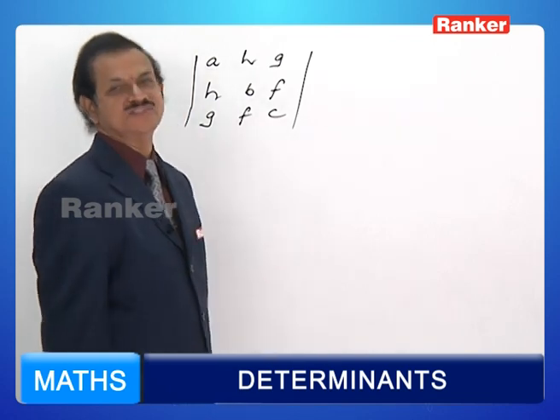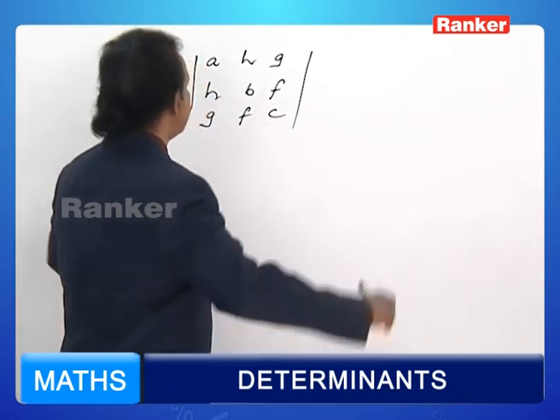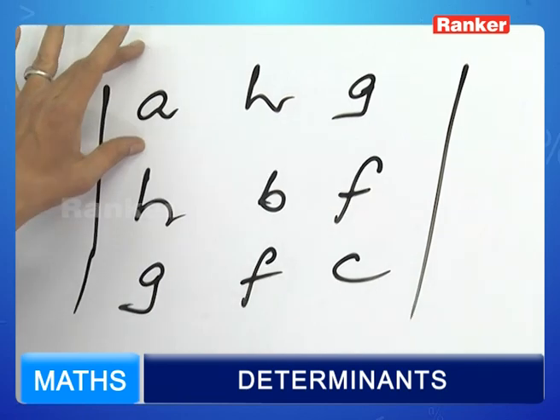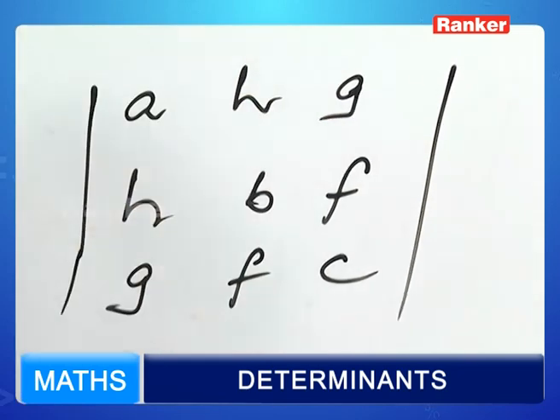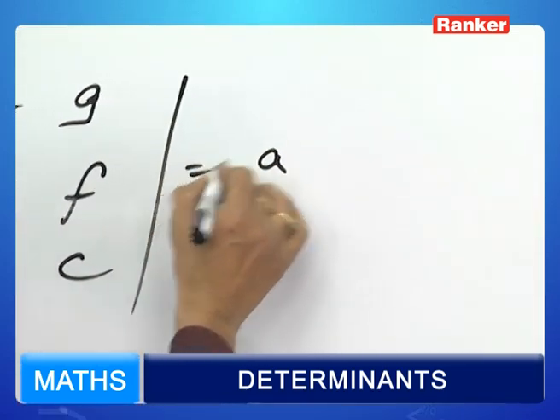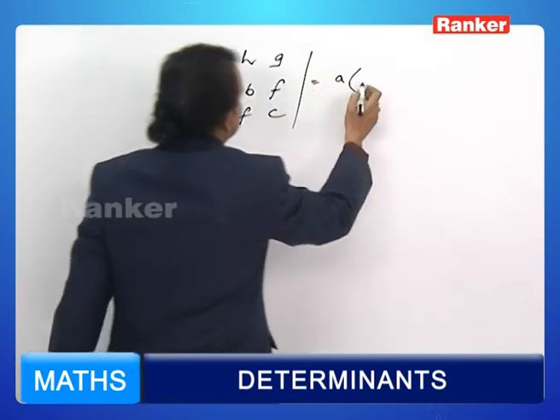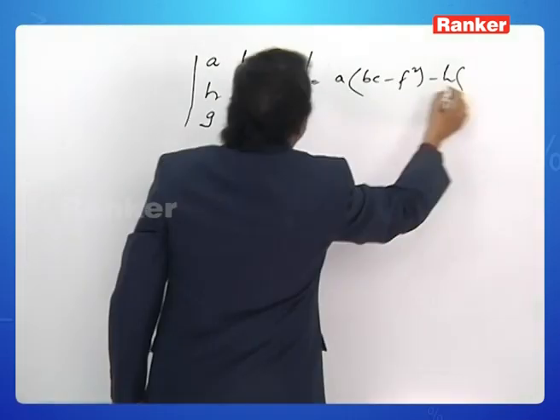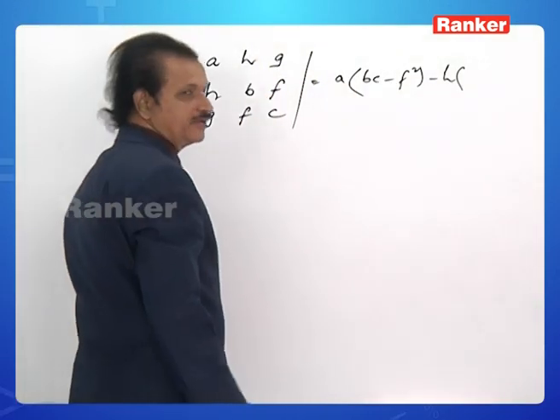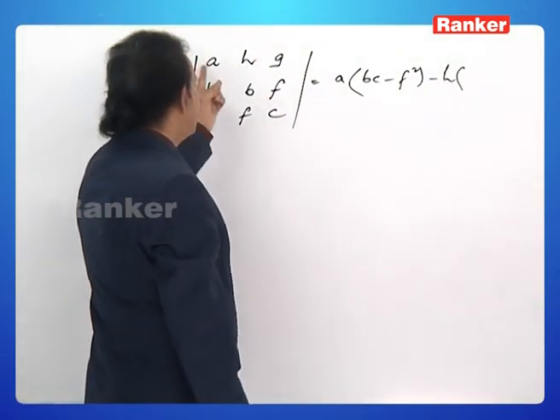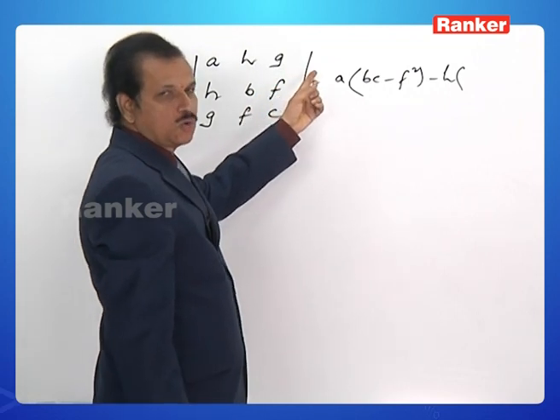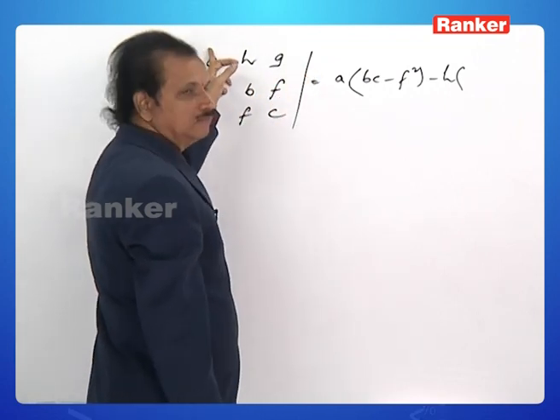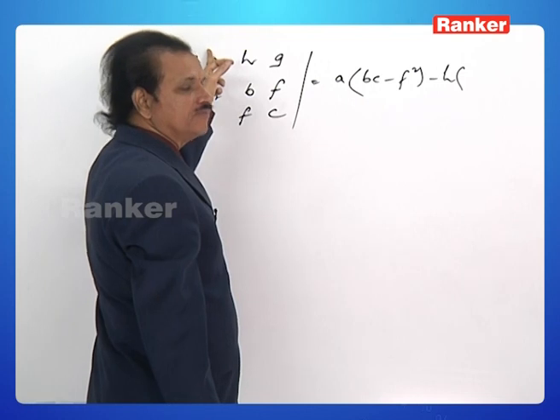The fundamental answer. How can it be? It's very simple. Come on. Let me expand the determinant along the first row. A into (BC minus F square), minus H into, why should I put minus there? I am doing it about the first column: minus 1 whole power 1 plus 1, positive.